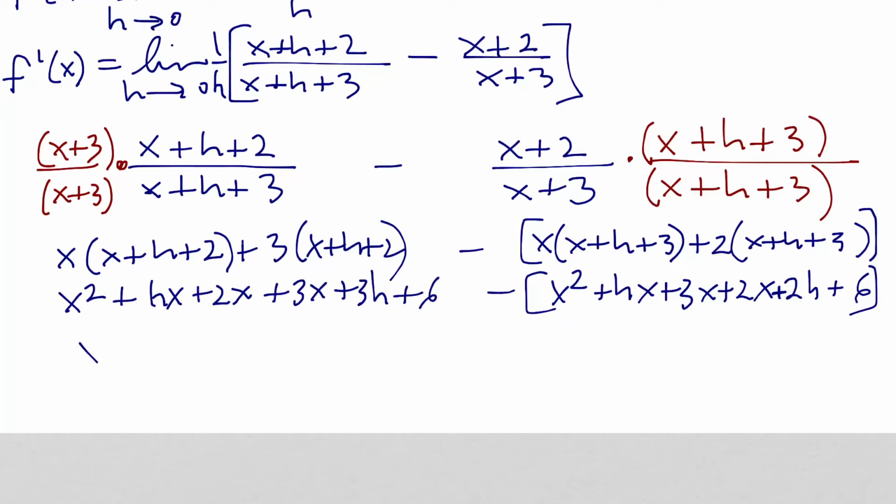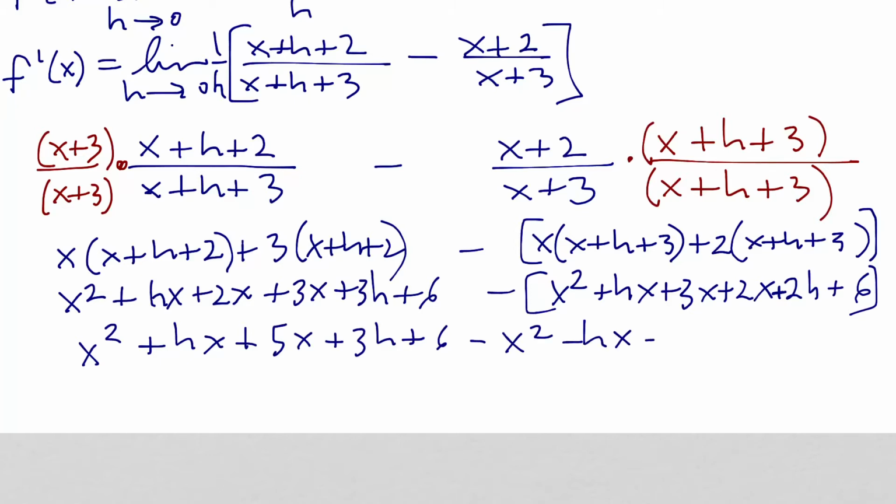So we've got x squared plus hx plus 5x, combining like terms. That's all that. Now we've got to apply this negative to all these terms. Negative, there's another 5x, make that negative. Minus 2h minus 6. Okay, this is just my numerator.